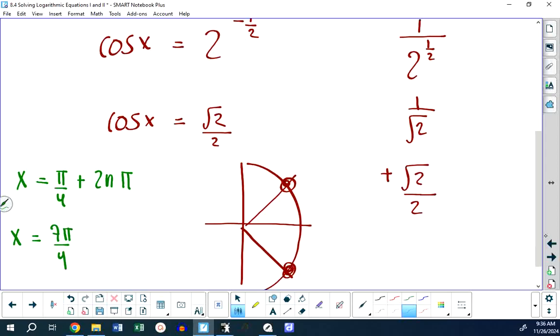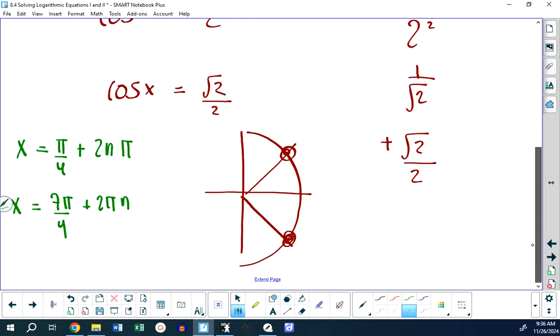Did you see me counting there? 1, 2, 3, 4, 5, 6, 7 pi over 4, plus multiples of 2 pi. Don't ask why I changed it from 2n pi to 2 pi n. It's a mystery for the ages. N is an element of the integer number set.